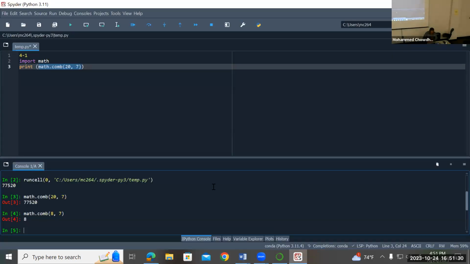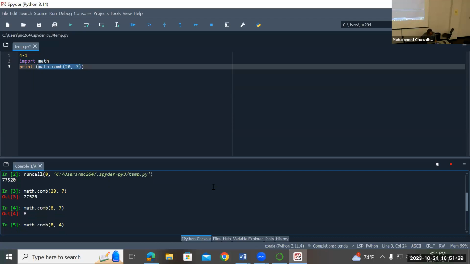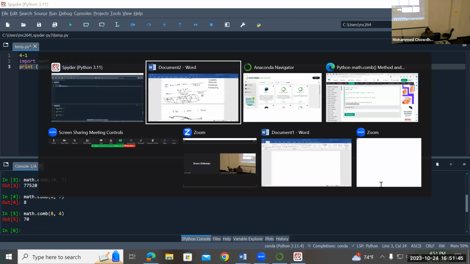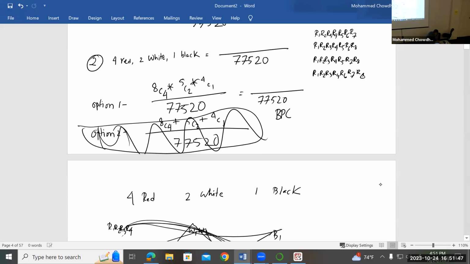Let me find this by using that one. 8 choose 4 equals 70. So that is equal to 70 times 5 choose 2, which is 10, I guess.